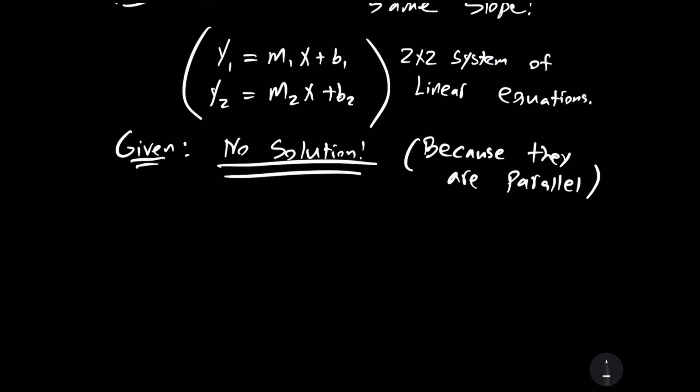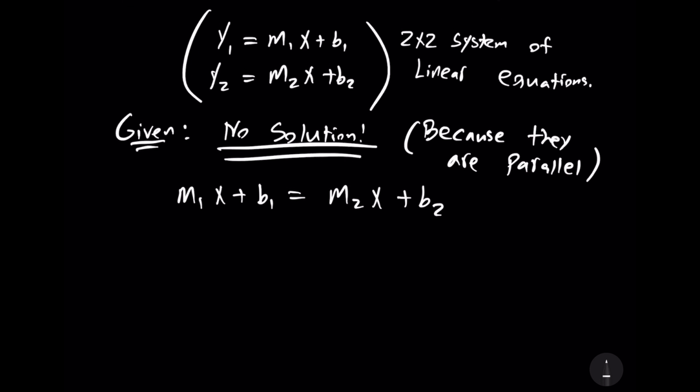So let's just solve the system and determine when the system has no solutions whatsoever. So we'll set y sub 1 equal to y sub 2. In other words, m sub 1 x plus b sub 1 is equal to m sub 2 x plus b sub 2. Let's gather up like terms, so to speak.